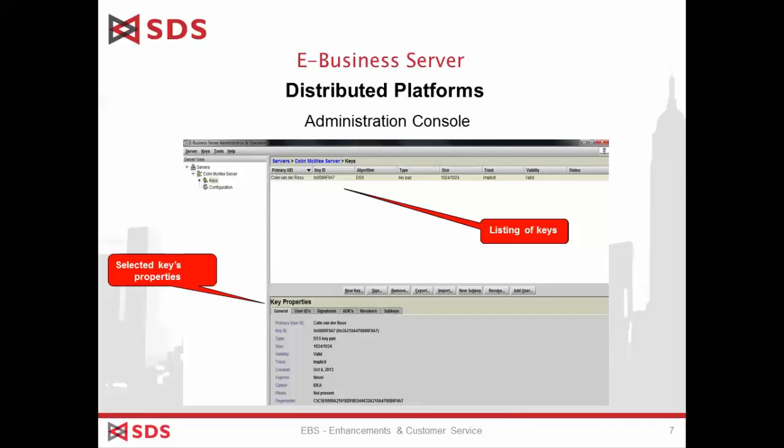The screen on the admin client shows a list of keys that have been generated. Here I've highlighted one of my keys, and now you can see the properties for this key in the bottom portion of the screen. It'll tell me information like the key type, and this particular one is a DSS key pair and a size of 1024 using the IDEA cipher.